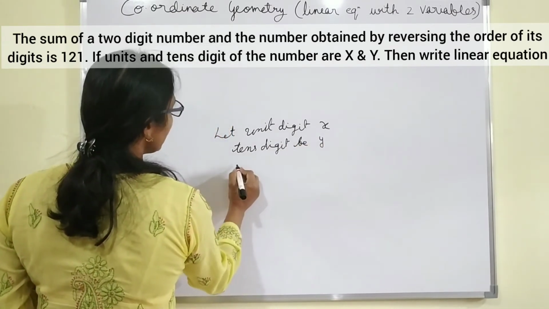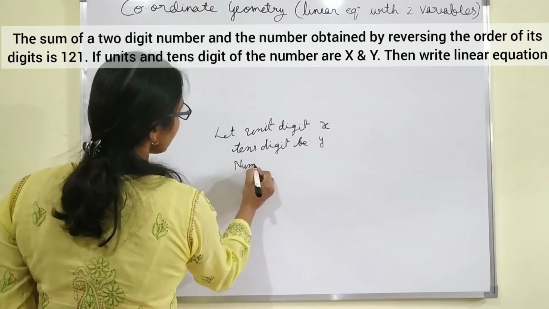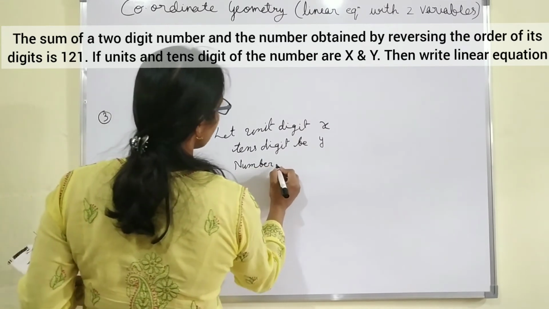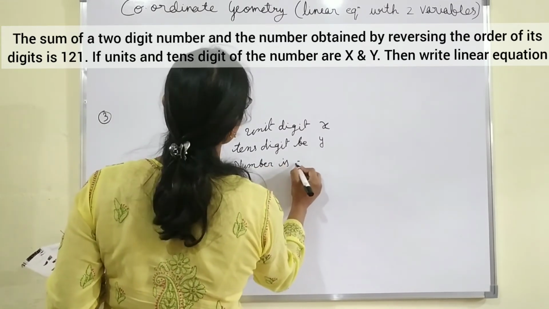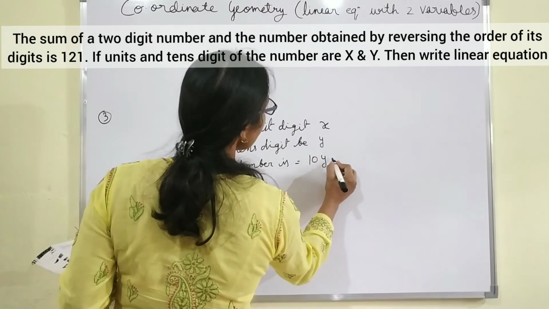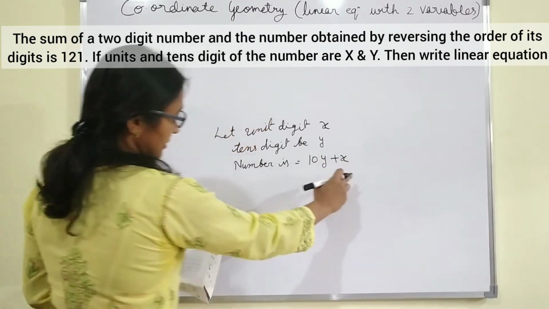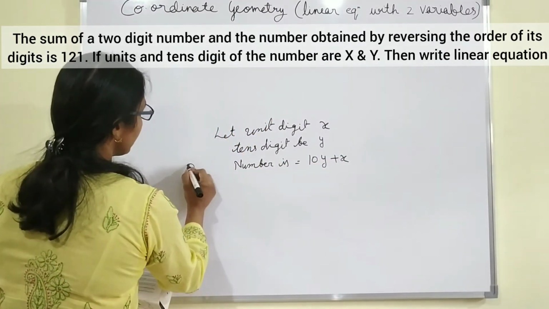So our number will be 10y plus x, the original number.